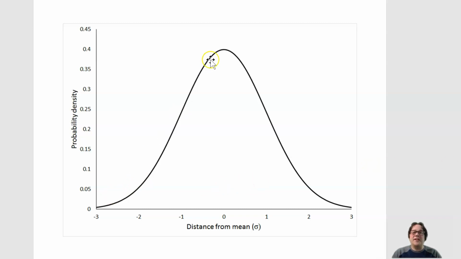This line represents frequencies. So it's a little more complicated in that regard, because the normal distribution, this perfect curve that we see here, is more of a theoretical distribution.